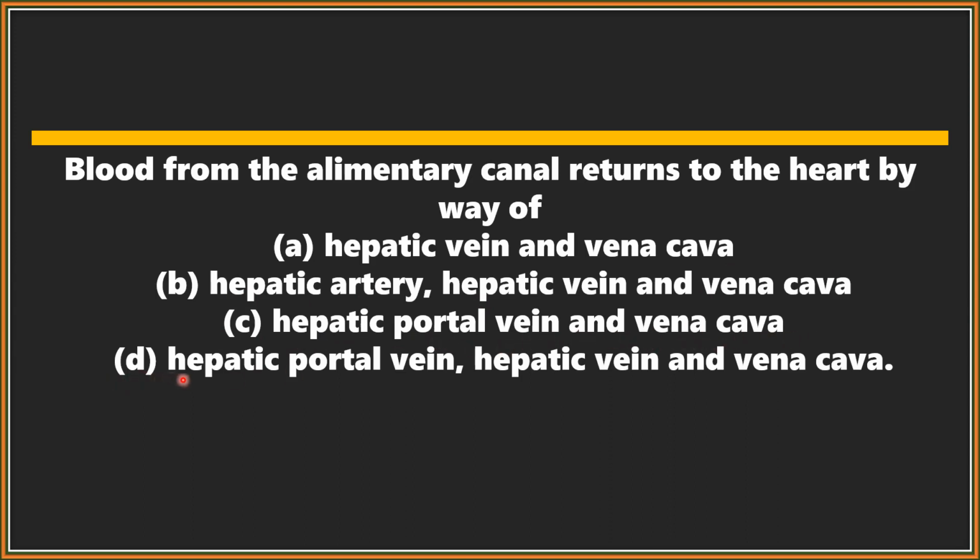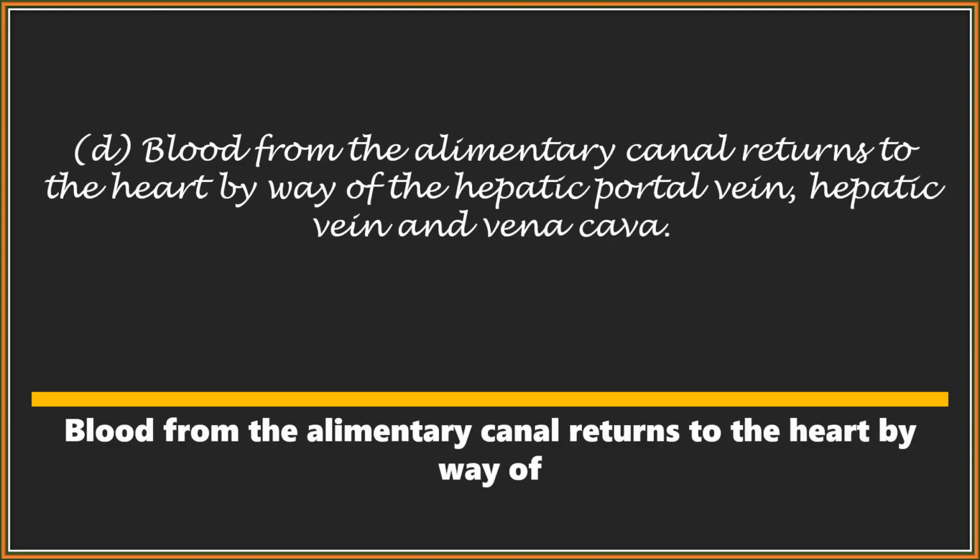D. Hepatic portal vein, hepatic vein, and vena cava. Blood from the alimentary canal returns to the heart by way of the hepatic portal vein, hepatic vein, and vena cava.